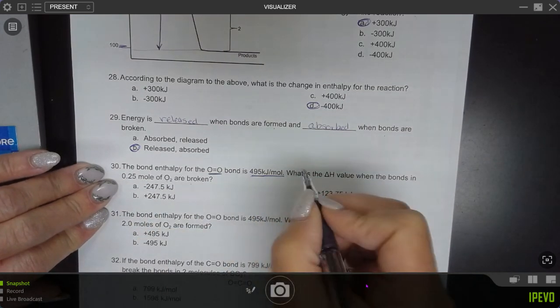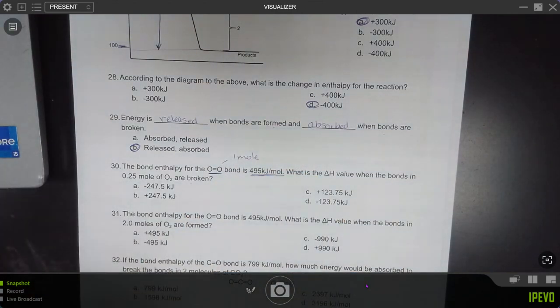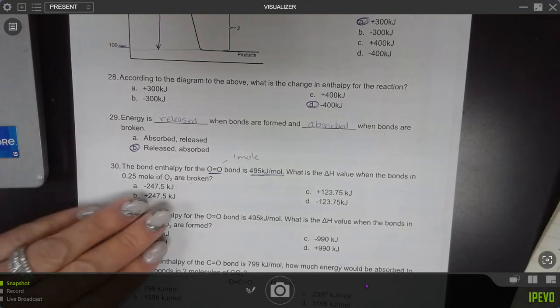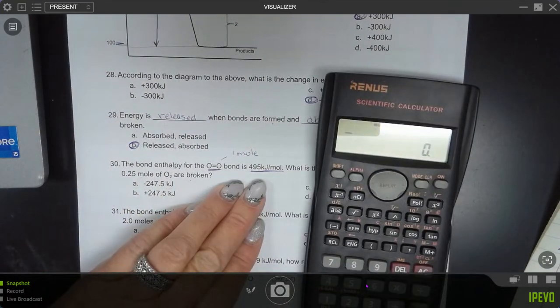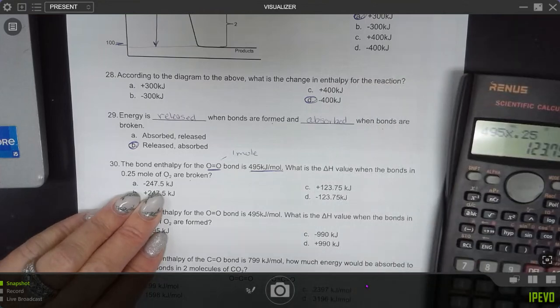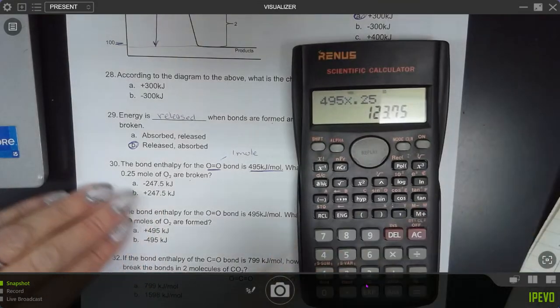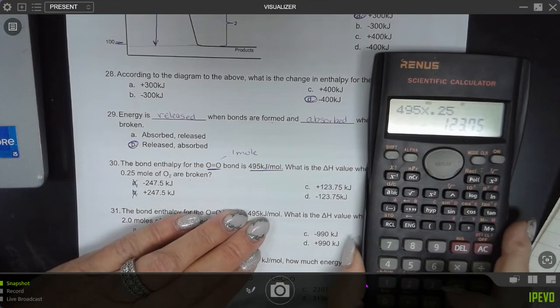This is for 1 mole, and it's asking what it would be for a fraction of a mole. So we take 495, multiply it by 0.25, and we get 123.75.